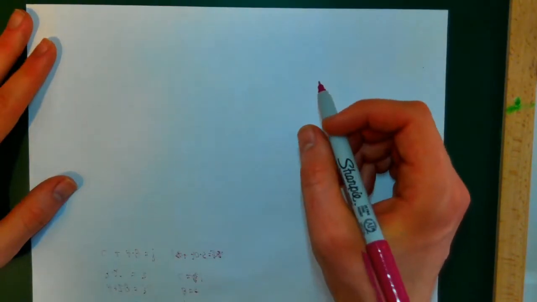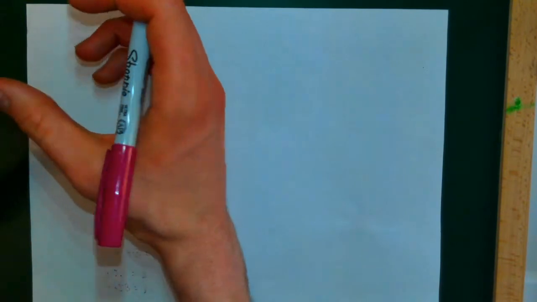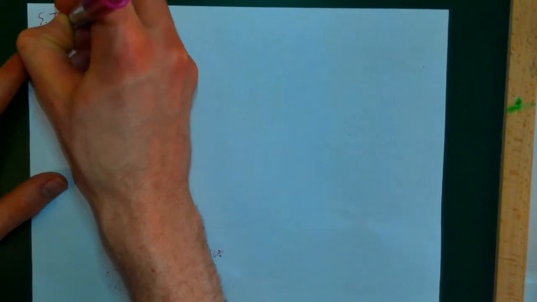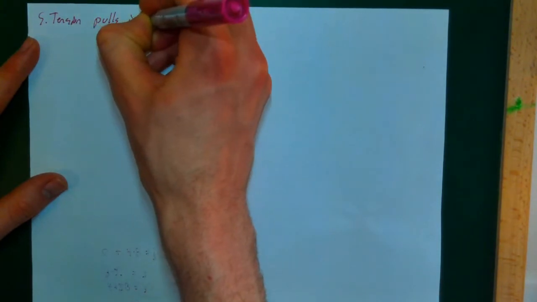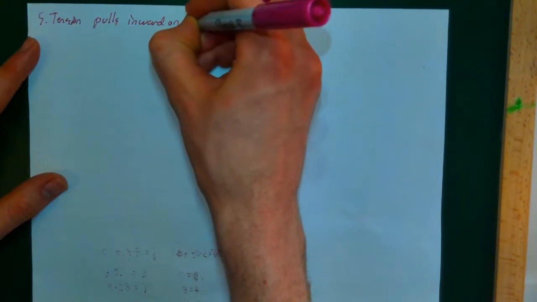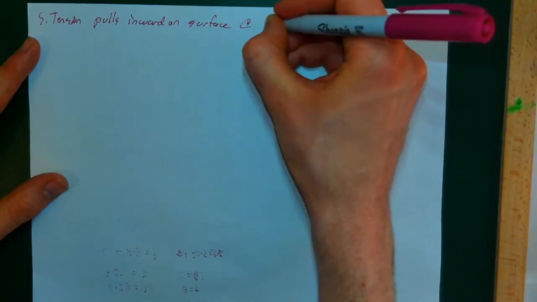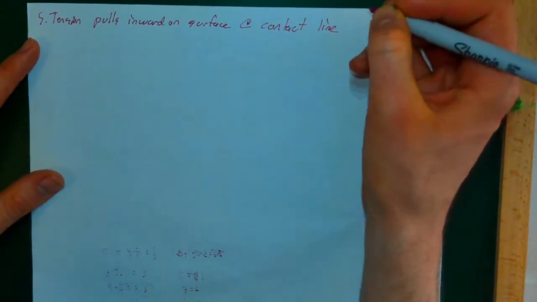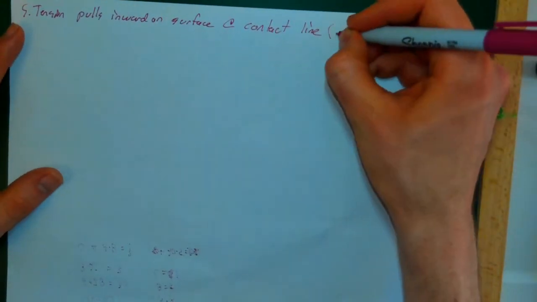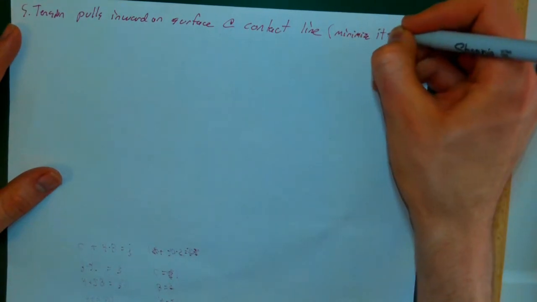But it's a balance. You can think of surface tension as pulling inward on a surface at the contact line, to try to minimize its interface.